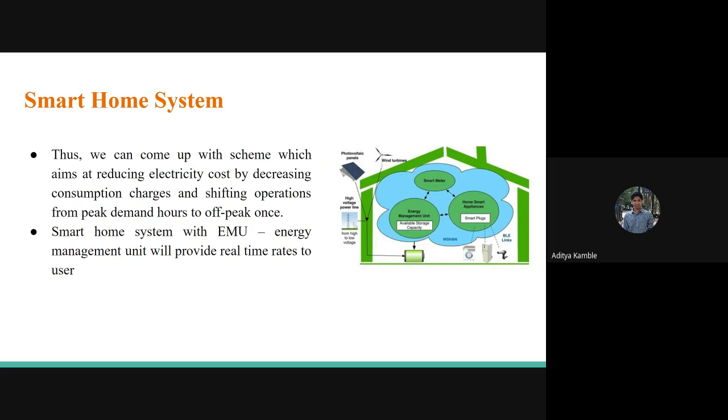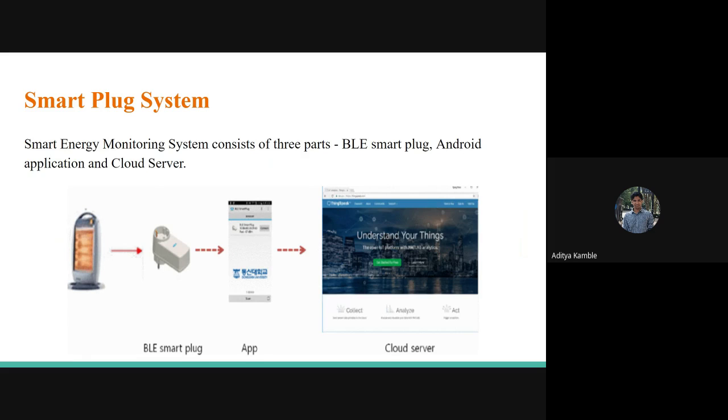For example, we have set up a wireless sensor home area network here, and the EMU will collect all the data using smart plugs and keep a record in the cloud. After the data analysis, it will use the algorithm to give real-time rates to the consumer. We will look in depth at this algorithm in coming slides. The next slide is the smart plug system.